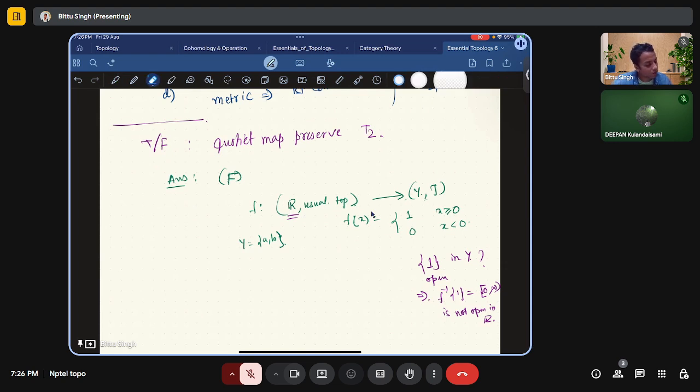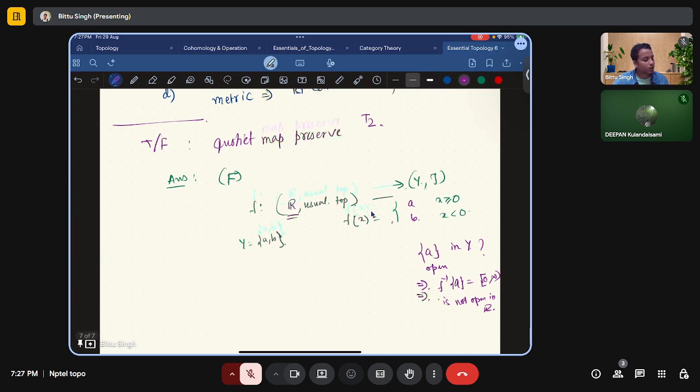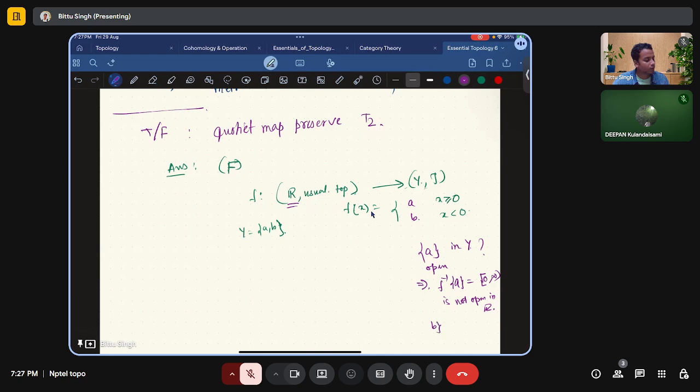Sorry, that should be written as A, and so therefore A is not open. A is not open in R. A is not open in Y. What about B? Is B open in Y? We want F to be a continuous map.